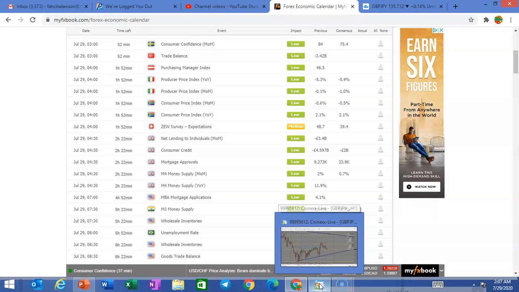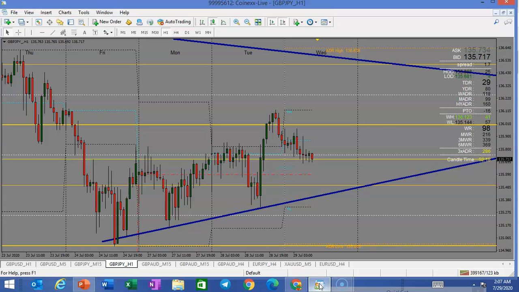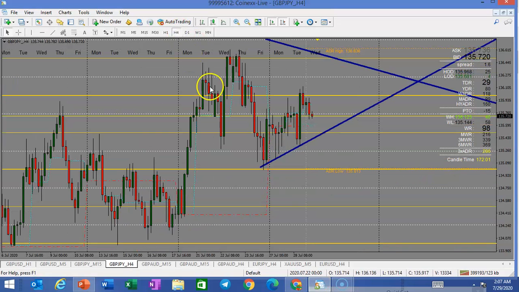Now that we are looking at GJ, we want to identify the direction of price action. And the best way to identify the direction of price action for me is to look at higher time frames and to see what they're doing.